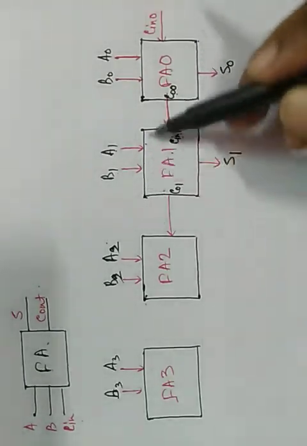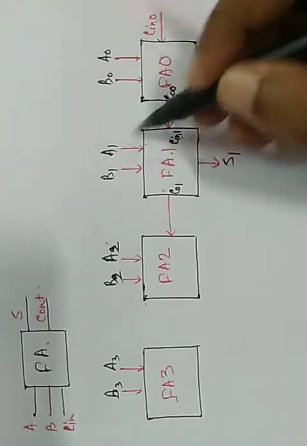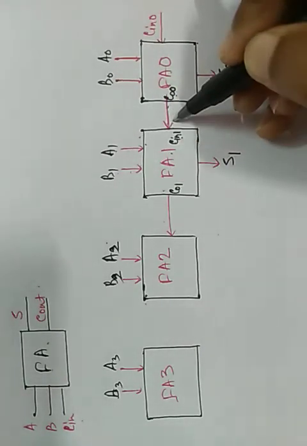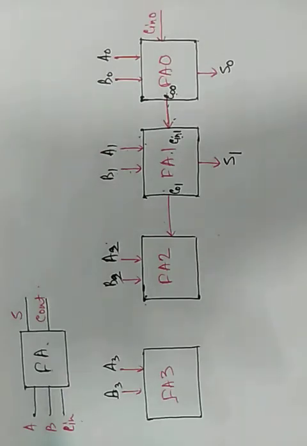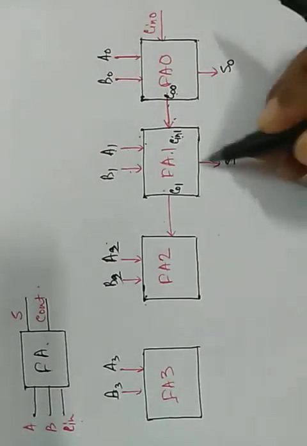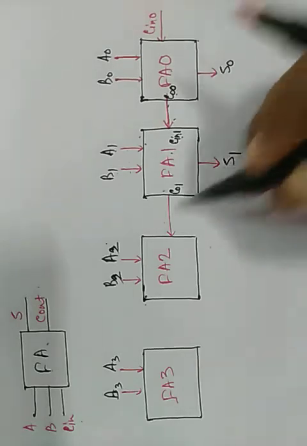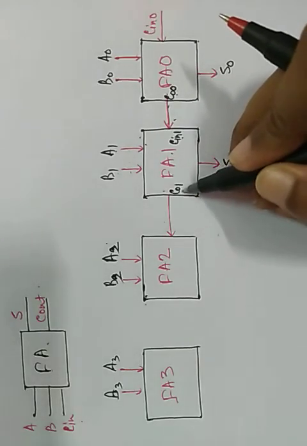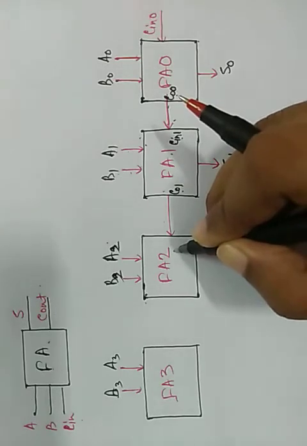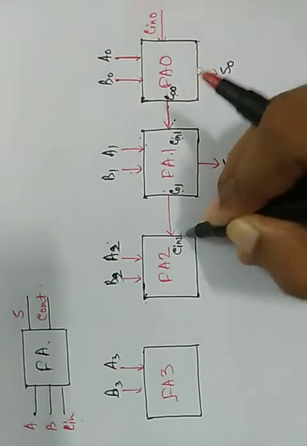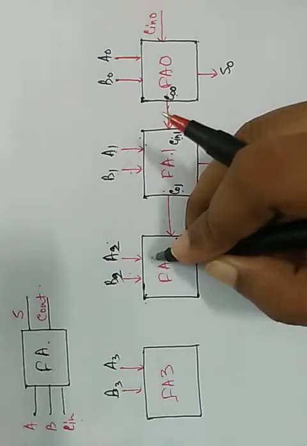Okay, so the outputs of the full adder, you can see the arrow sign here. There are 3 inputs and there are 2 outputs. One is sum and another is carry. Another is sum 1, another is carry 1. So obviously carry out 1 goes as the C in 2 in its next bit addition.